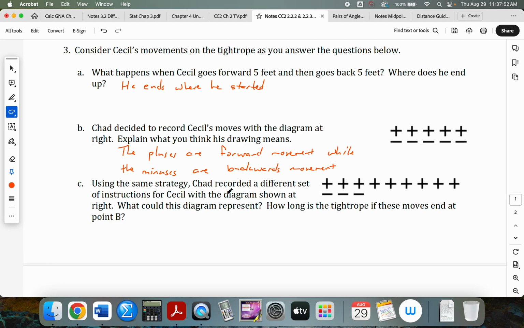So, using the same strategy, Chad recorded a different set of instructions for Cecil with the diagram shown at right. What could this diagram represent? Well, let's see. 1, 2, 3, 4, 5, 6, 7, 8, 9. So move 9, let's assume that it's in feet, forward.